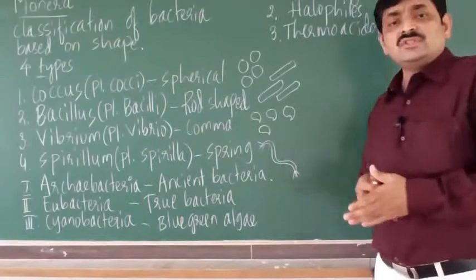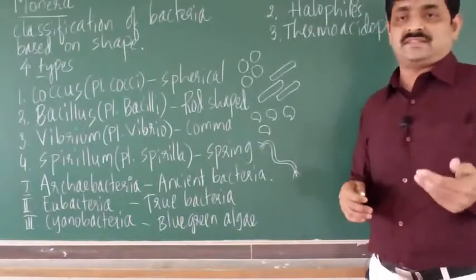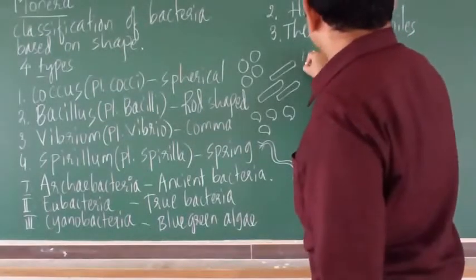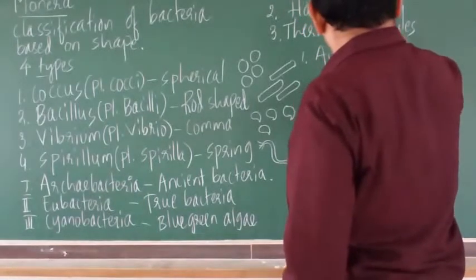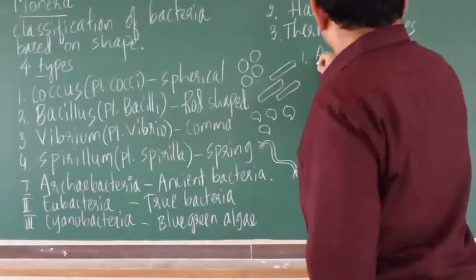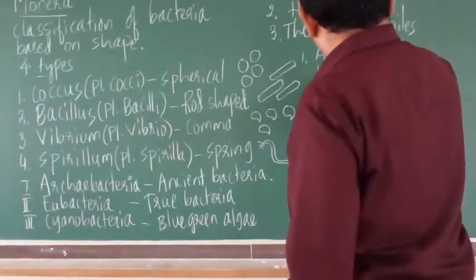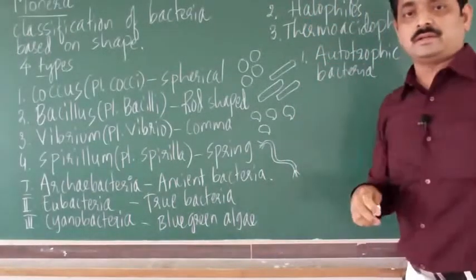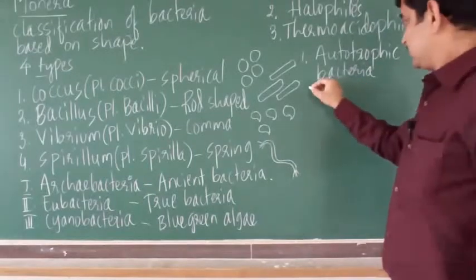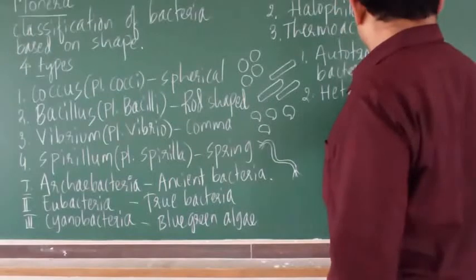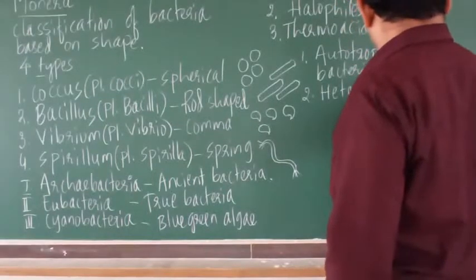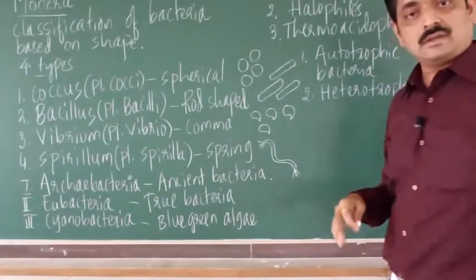So these Eubacteria, we can further classify them as autotrophic bacteria and heterotrophic bacteria.